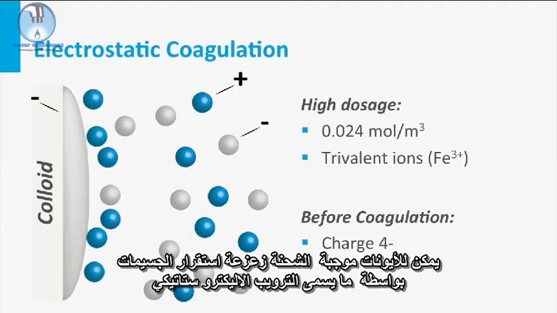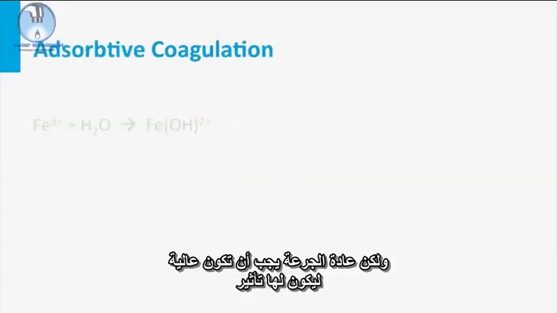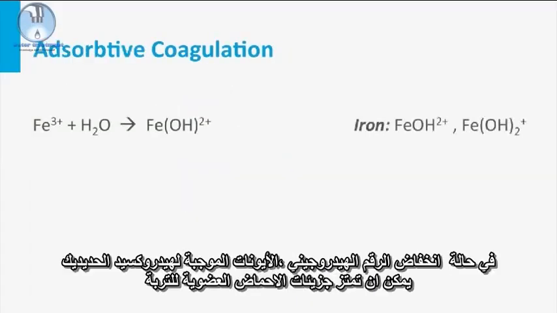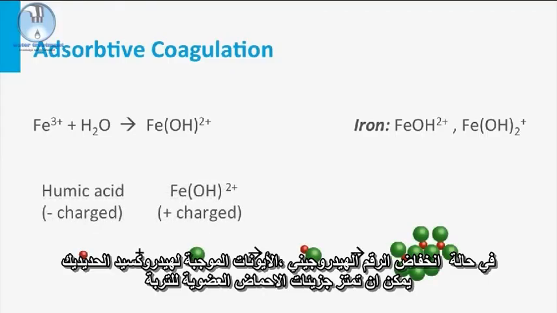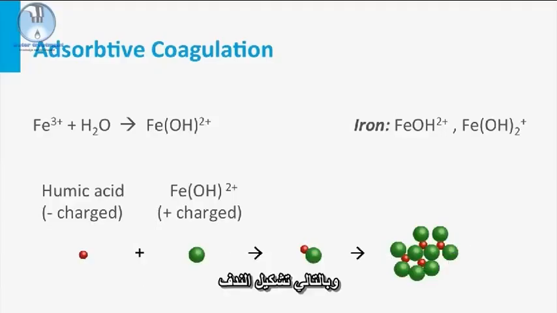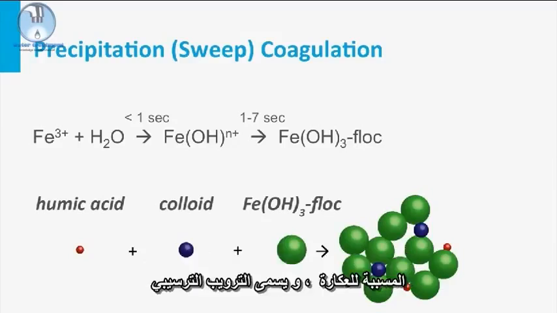The positive ions can destabilize the particles by so-called electrostatic coagulation, but normally the dosage must be high to have an effect. At low pH, the positive ferric hydroxide ions can be absorbed onto humic acid molecules, thus forming flocs. Finally, ferric hydroxide can precipitate, forming large meshes that can capture turbidity-causing particles, so-called sweep coagulation.